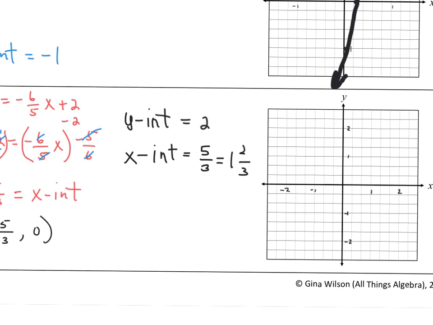All right, so my x-intercept is 1 2/3, so I'm going to go to 1 2/3 and place a dot. And that's not quite on there. Well, that's good enough. It's hard to see that. And then the y-intercept is at 2, so we'll put our dot there. And then we're going to draw our line connecting those two. And there is our graph.